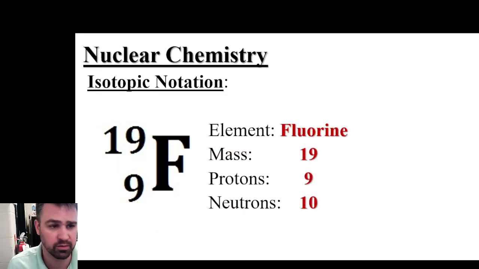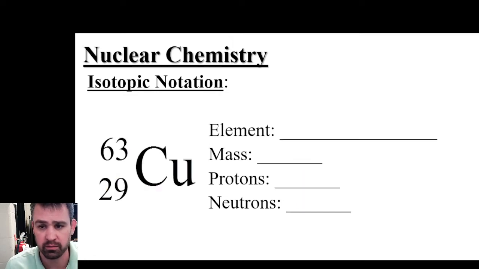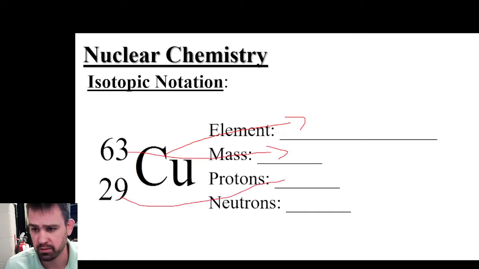So how would we say this? This is fluorine 19, because this is an isotopic notation, so it's understood that this is an isotope. So we say isotopes by their element name and then their mass number. So fluorine 19. Same concept, copper, mass is 63, protons 29, neutrons 63 minus 29, whatever that number is, goes there.